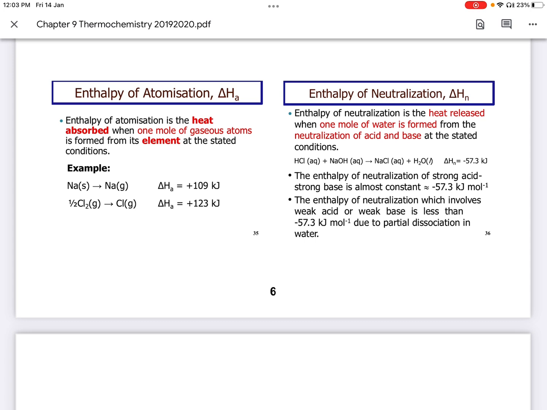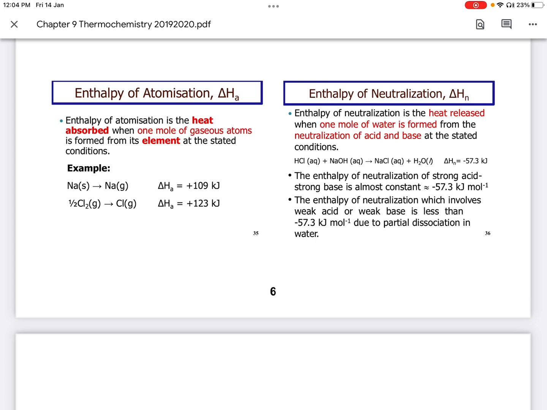So neutralization saya rasa kita dah belajar masa chapter 7 semester 1. Is between acid and base lah. Cuma kita kena perhatikan kalau dalam thermochemistry ni water tu mesti berada dalam 1 mole. So students kena sangat berhati-hati bila melibatkan diprotic acid ataupun triprotic acid ataupun polyprotic acid di mana hidrogen dia lebih daripada 1.